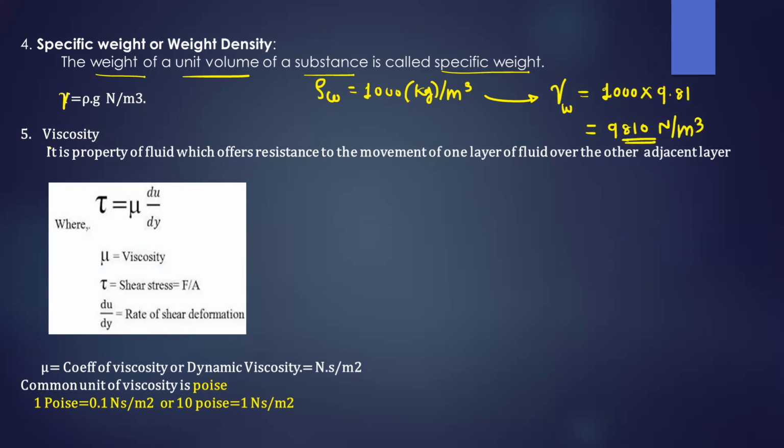Next property is viscosity. Viscosity is related with the motion or the flow. It is the property of the fluid which offers resistance to the movement of one layer of the fluid over the other adjacent layer.